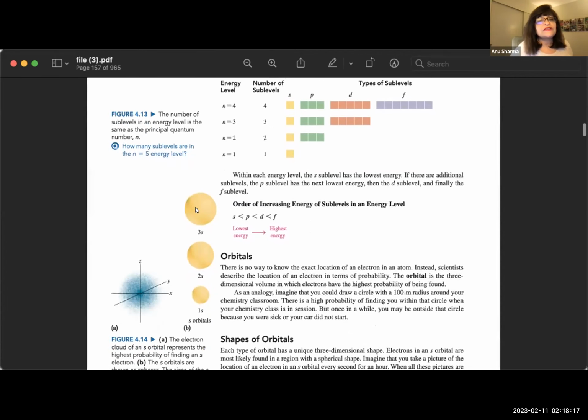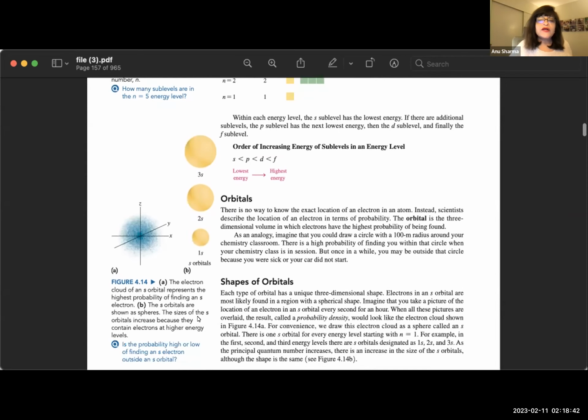Now here you see the shape of the orbitals. The s orbitals are all spherical in shape. The only difference is that the 1s orbital is a little bit more compact, the 2s orbital is a little more spread out, and the 3s is very spread out. These are the regions in space, the electron clouds, where the electrons can be found.